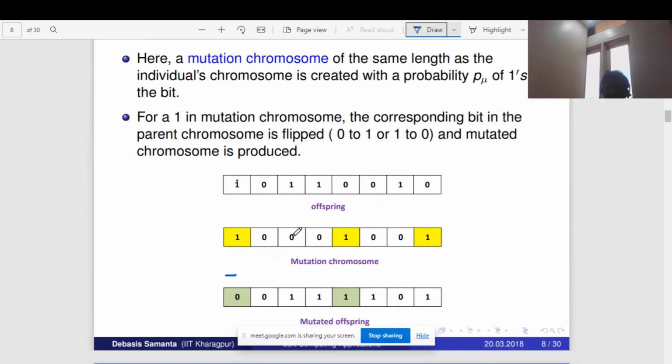Say this is the offspring, and say the mutation chromosome is this, I am changing the mutation chromosome. Now could you tell me what will be the resultant mutated offspring?